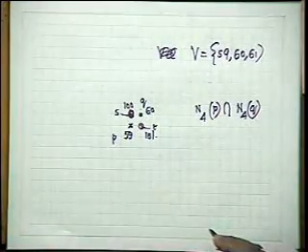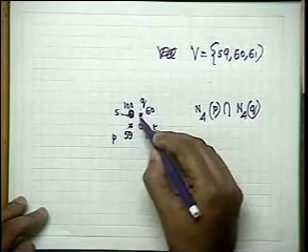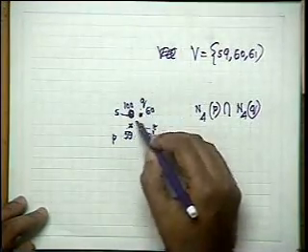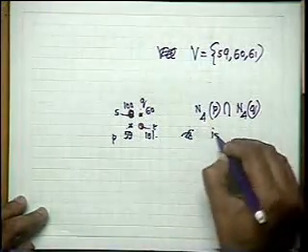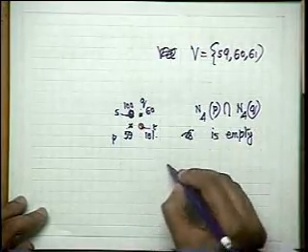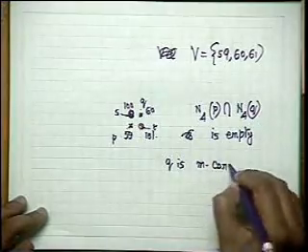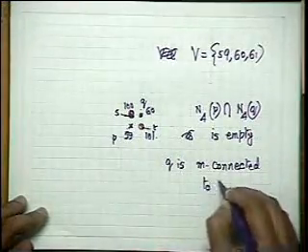That is an empty set, and in that case I will say that Q is M connected to P. Since this is empty, I will say Q is M connected to P.